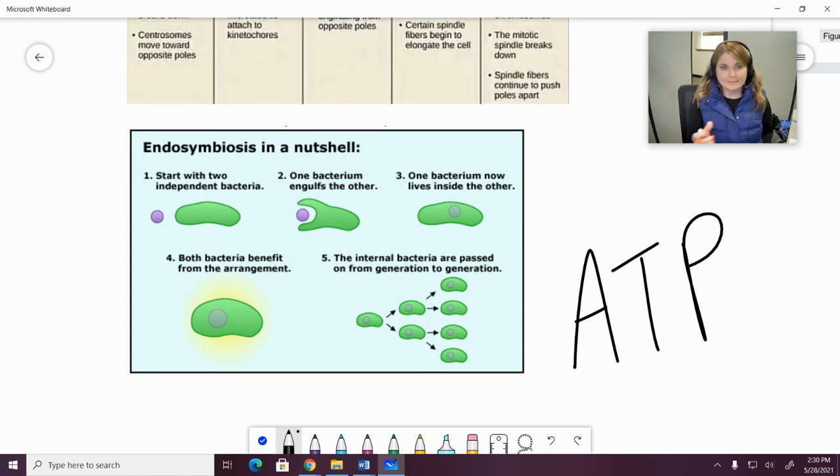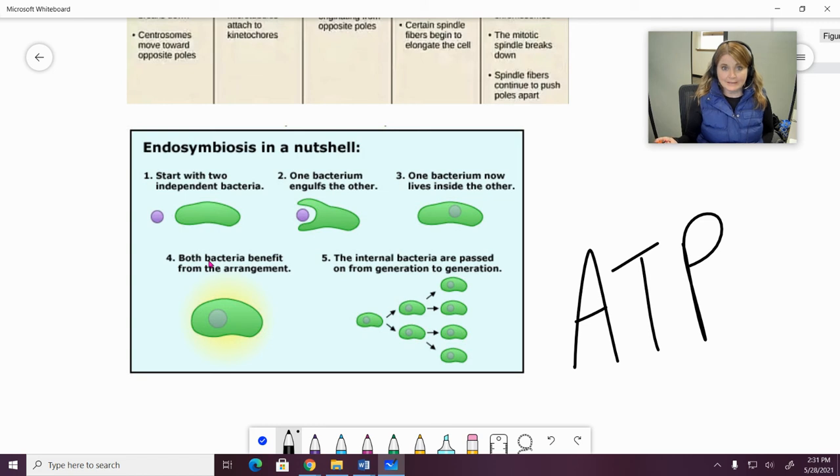So that's the concept behind endosymbiosis: you have a situation where two bacteria lived in a symbiotic relationship, and over time their DNA became entwined with each other, if you will. They actually start sharing this DNA. And then as they reproduce through fission, the next generation would produce the green bacteria with the little purple guy inside of it already. It wouldn't have to be eating it to get that symbiotic relationship.